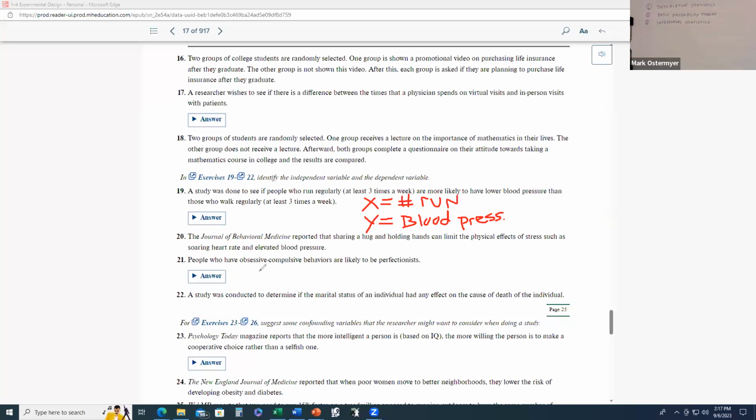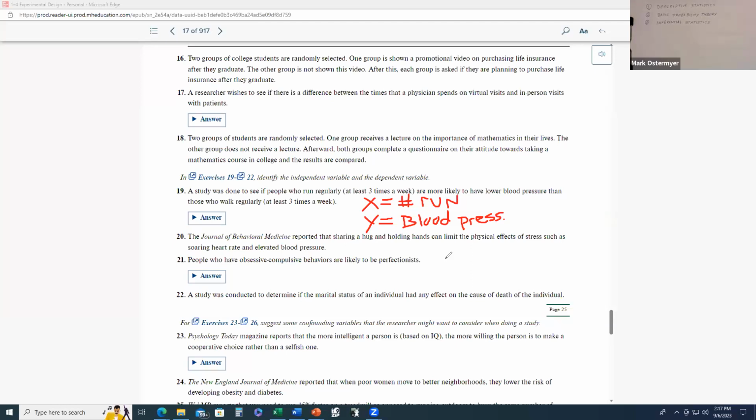How about number 21? People who have obsessive compulsive behaviors are likely to be perfectionists. What would you let X be equal to there? What would Y be? Well, this one's a tough one. Obsessive compulsive behaviors. How would you even quantify these things?